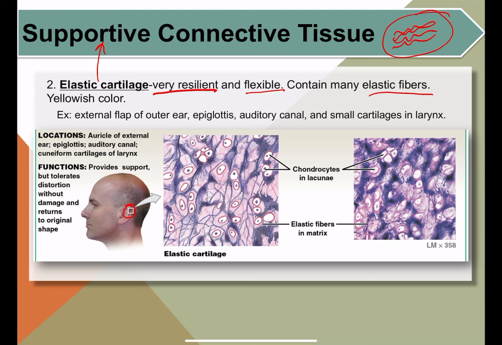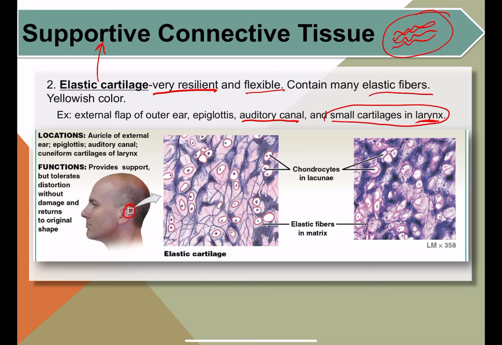And then you have your auditory canal, which is also made of elastic cartilage, and also small cartilages within the larynx, which is your voice box. Again, something we'll go over in the next semester's A&P.